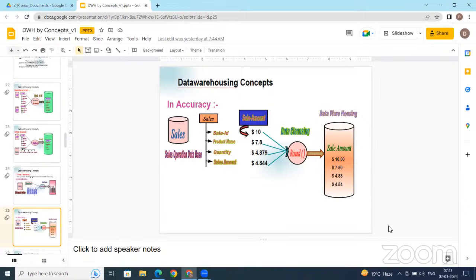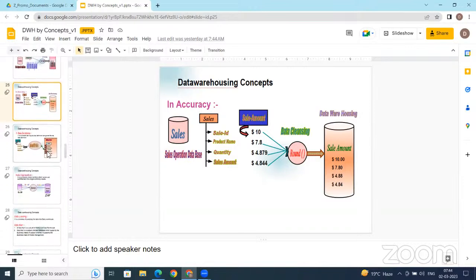If the data is not proper, it looks irregular. Because this data is viewed by top-level and middle-level management, it should be very accurate. That is the reason we do a cleaning activity using round-off functions. This is just a basic example, and we clean the data and load it into the warehouse.